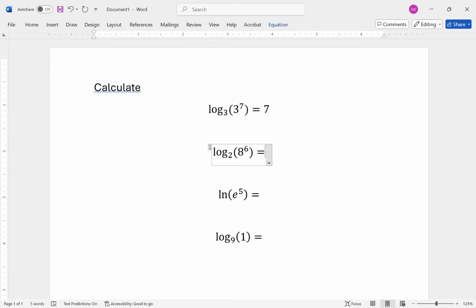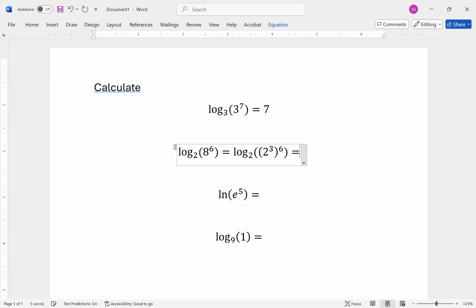That's pretty straightforward. Log base 2 of 8 to the 6th power can be rewritten as log base 2 of 2 to the 3rd raised to the 6th power. In other words, we can rewrite 8 as 2 to the 3rd, raise that to the 6th power.